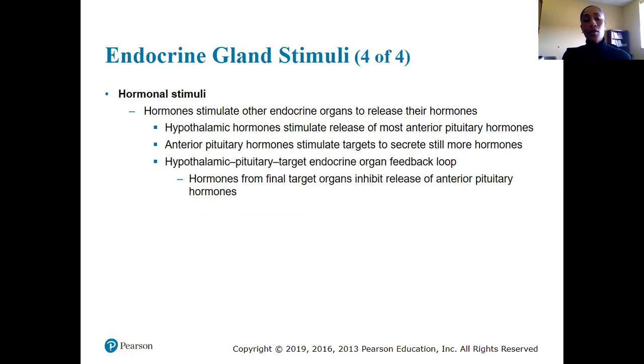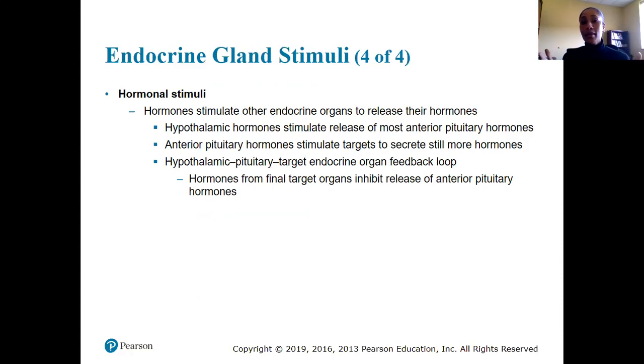And then lastly, a hormonal response is going to occur when one hormone will stimulate other organs to release their hormones. So for instance, I think of the luteinizing hormone and how the anterior pituitary gland is stimulated to release that.